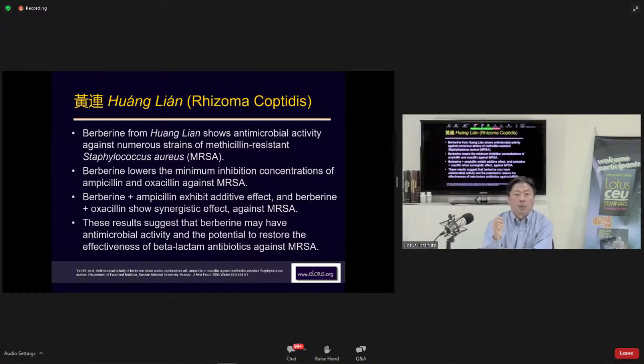Okay, or in other words, 1 + 1 = 3. So they target on different part or different mechanism to treat infection, and that's why they have synergistic effect more than just additive. All right, so the result is that berberine may be used along with these beta-lactam antibiotics to have much better overall effect to treat these infections.